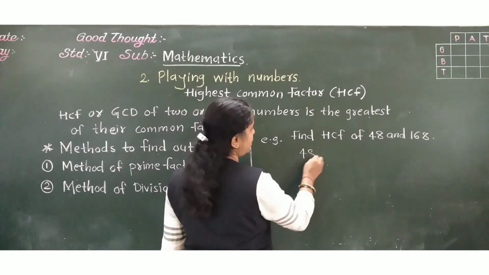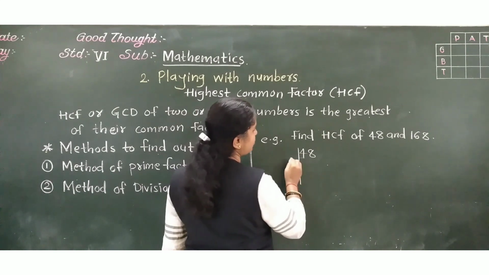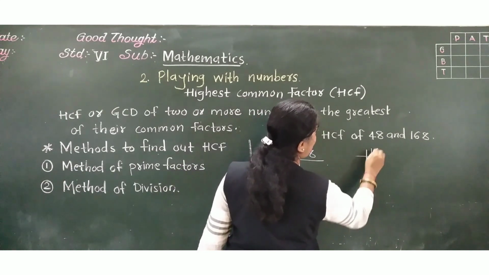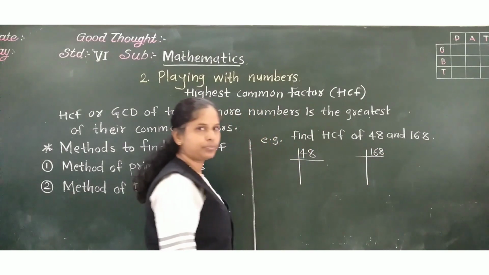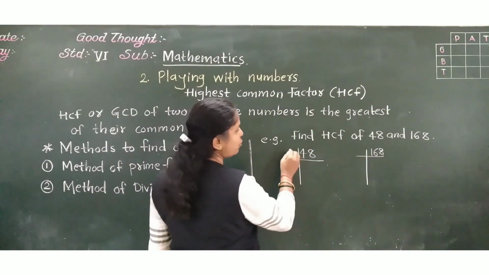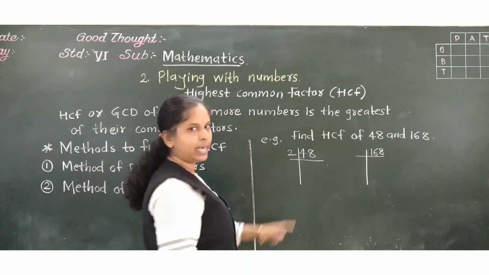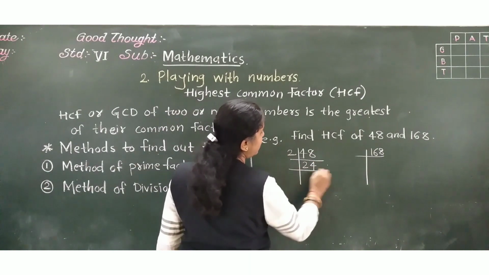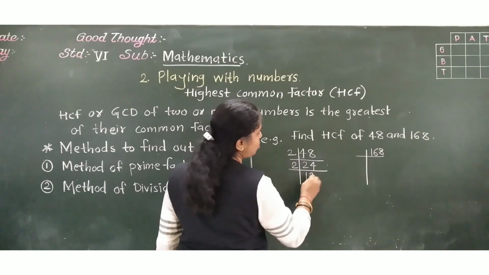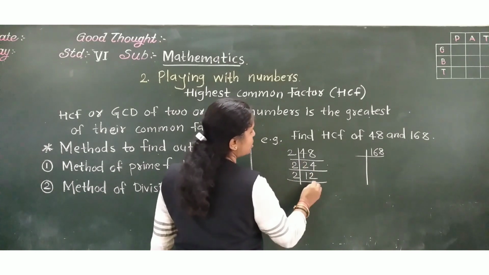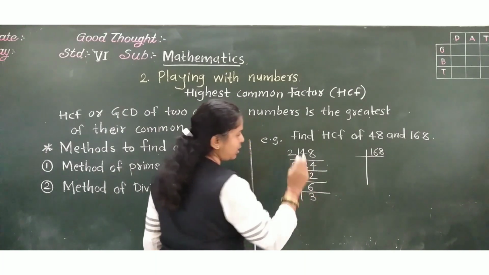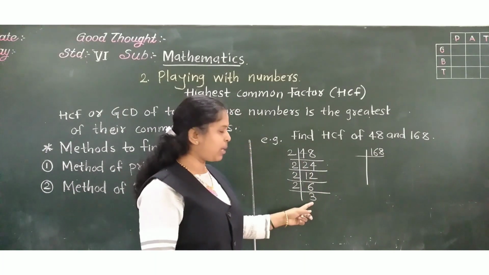See here, 48 and here 168. How to find it? As 8 is there, I will divide by 2. 2 2s are 4, 2 4s are 8. Again 2, 2 1s are 2, 2 2s are 4. Again 2 6s are 12 and 2 3s are 6. Now see, did we get the prime factor?